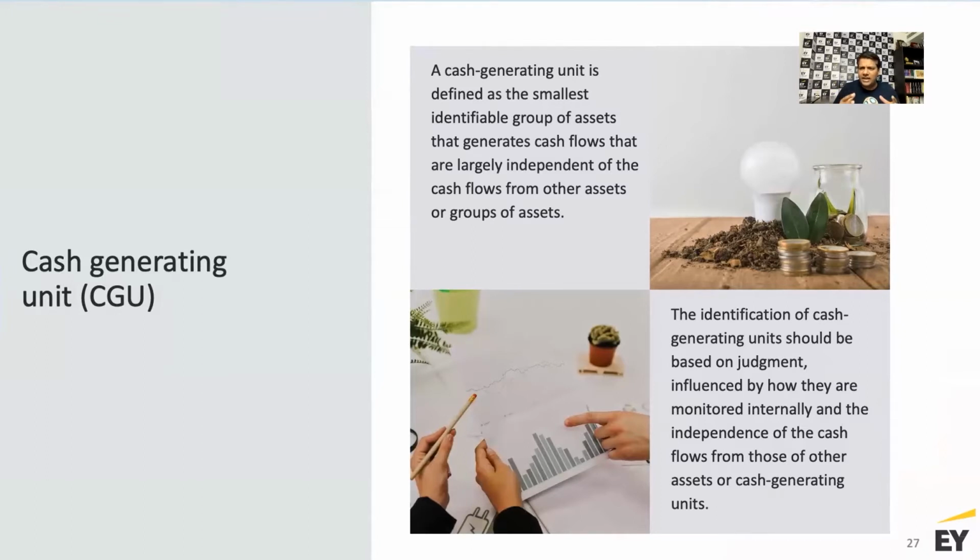It's an area of judgment, right? For you to determine discrete cash flows, to say what is the smallest group of assets which are coming together to generate a set of cash flows, influenced by how they are monitored internally and the independence of the cash flow from those of other assets or cash generating units.